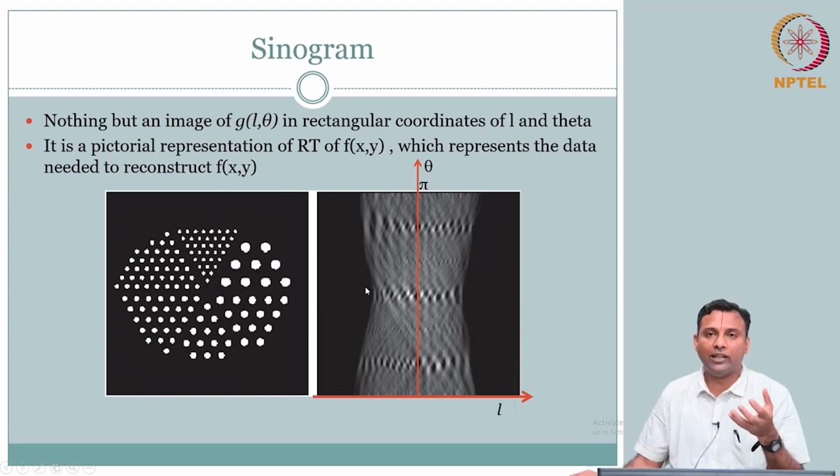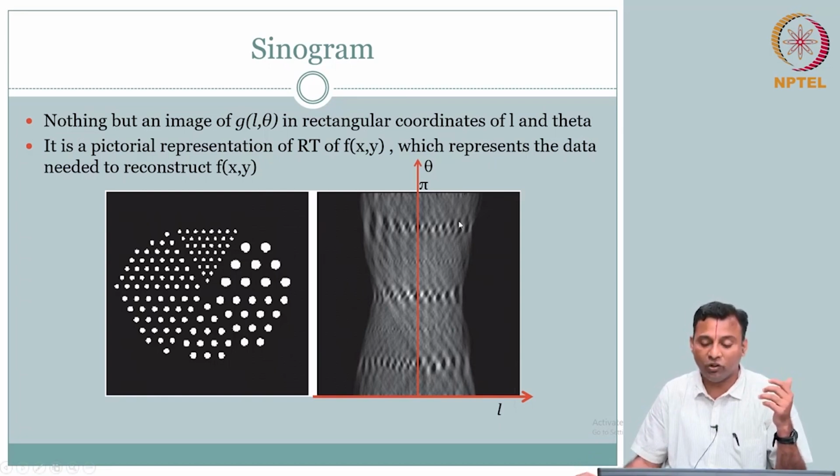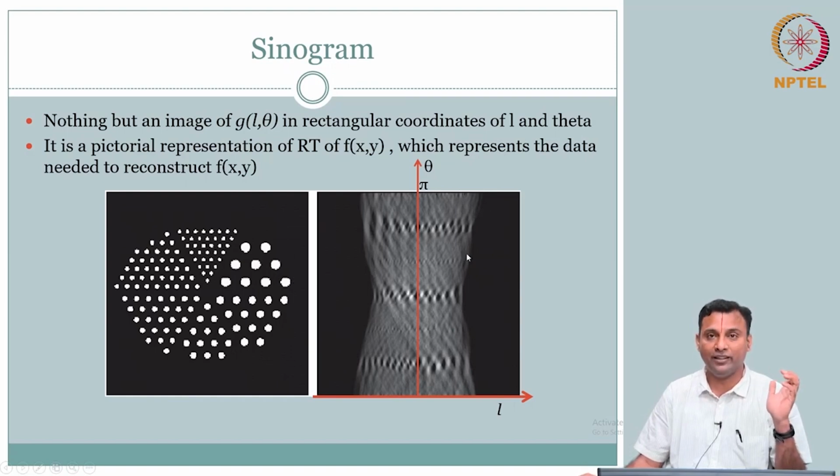So, even though it has all the details, the underlying information of the object is there, clearly if I tell you that this has all the information about the object, so you can start to see the object from a sinogram, it is impractical. I mean, for the sake of argument we can say, oh, we can get the length and breadth of the field.